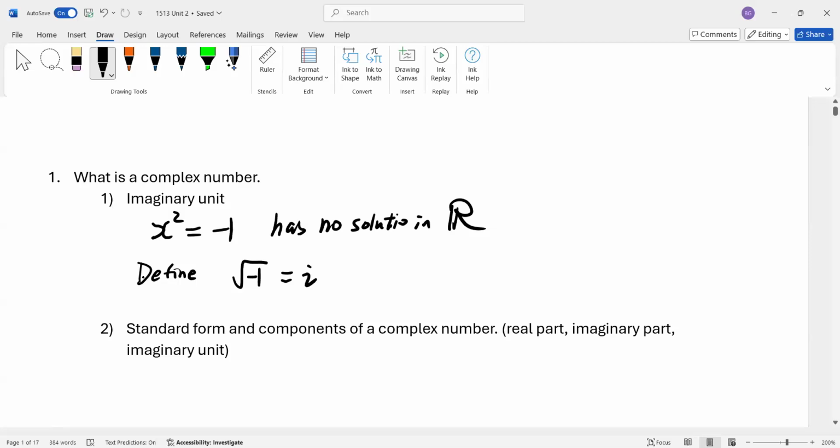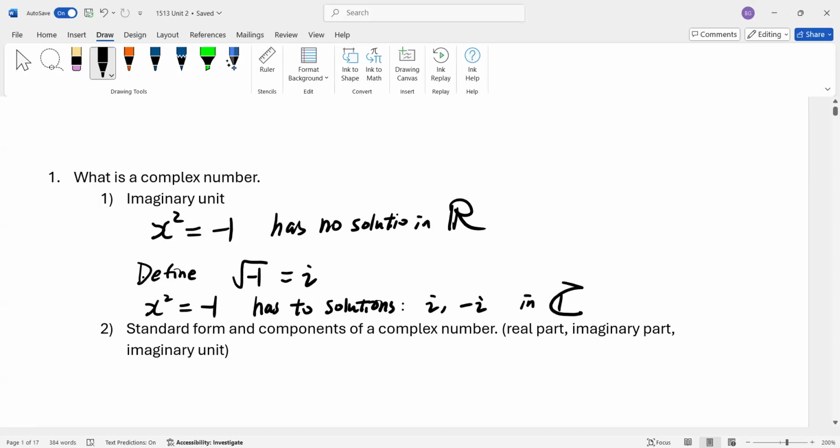And this equation x squared equals 91 has two solutions. The two solutions are i and -i in complex number set. In real number set, this equation has no solution.